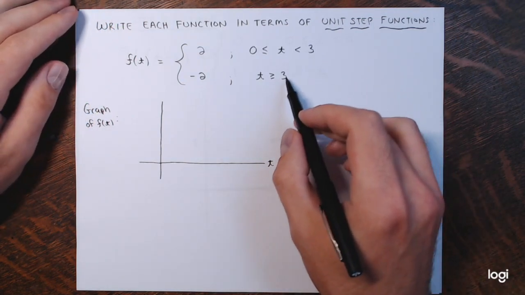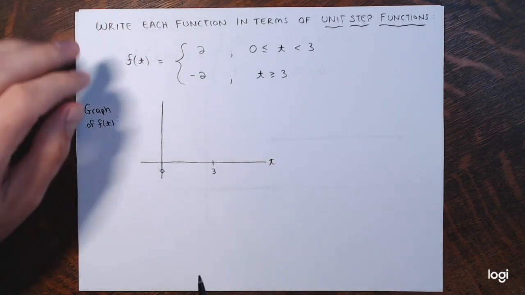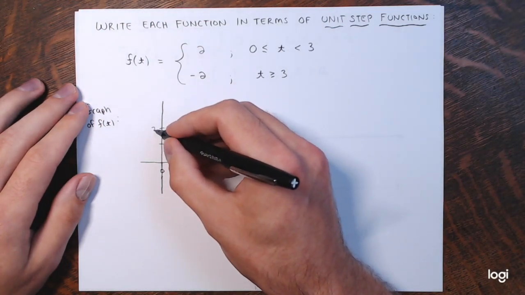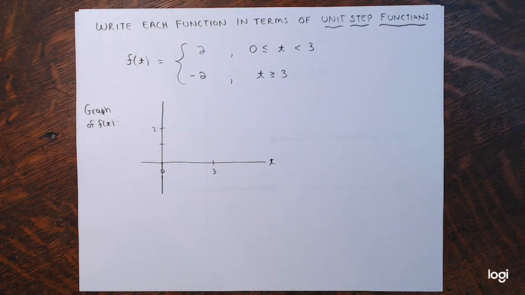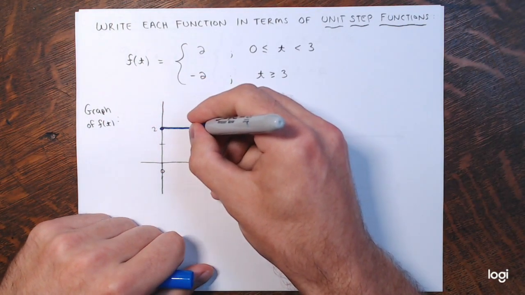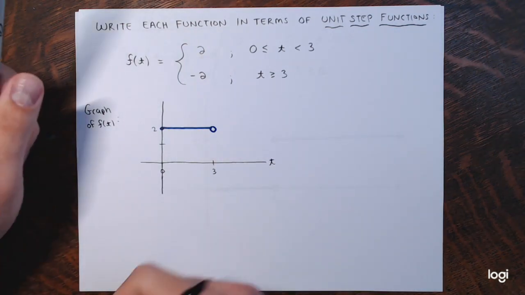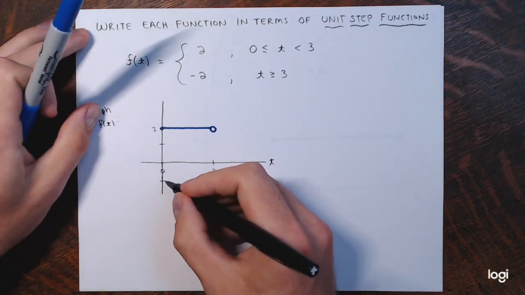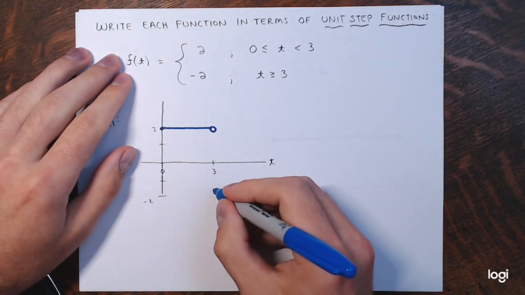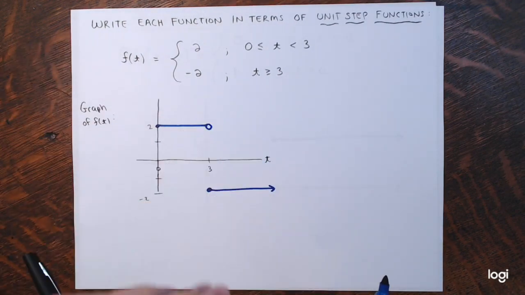Notice there's 0 mentioned and then 3. The value of this function is positive 2, but only for values of t from 0 to 3, so like this, but not at 3. And the value of this function is negative 2 for values of t that are 3 or greater. So like that, with horizontal segments.